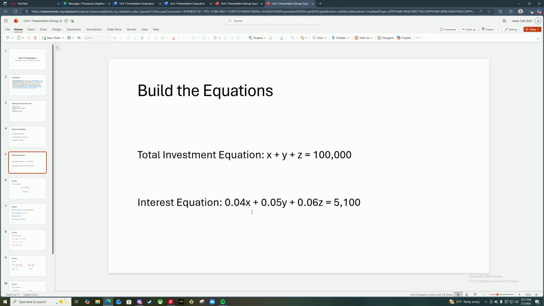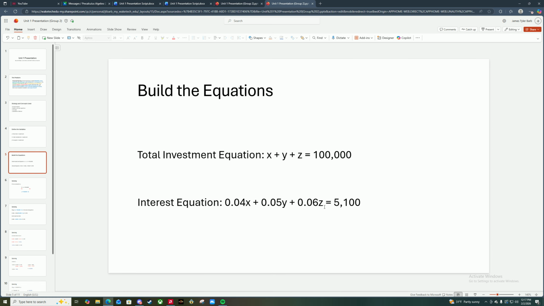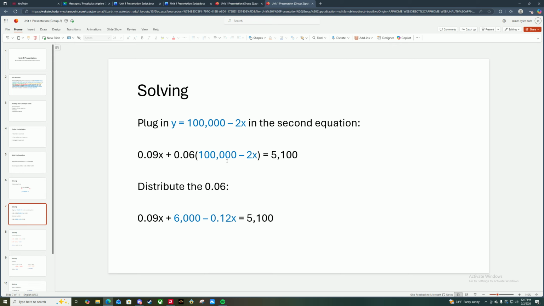We're going to combine the interest rates to equal 9% x plus the 6%, which is the y, equals 5,100, and we're going to plug in y equals 100,000 minus 2x into that y in the interest equation, and then distribute and solve out the equation.